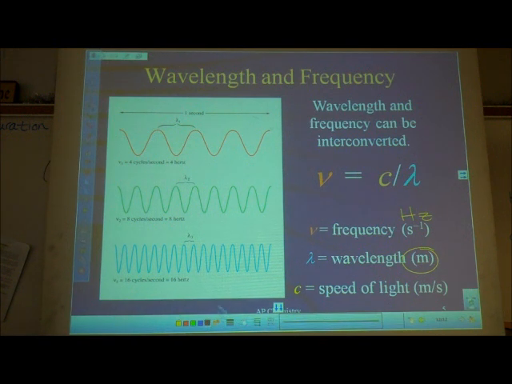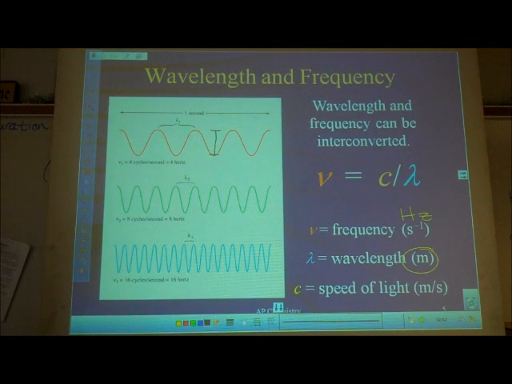Okay? Now, there's one other characteristic of a wave I want to talk about. What is this called? The height of a wave. What's it called? Amplitude. Okay? I just want to see how many of you know this, just totally out of curiosity. Let's say we are talking about a sound wave.